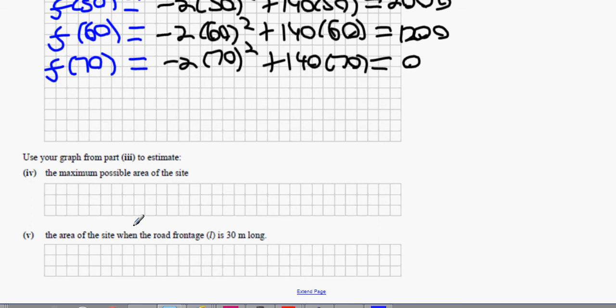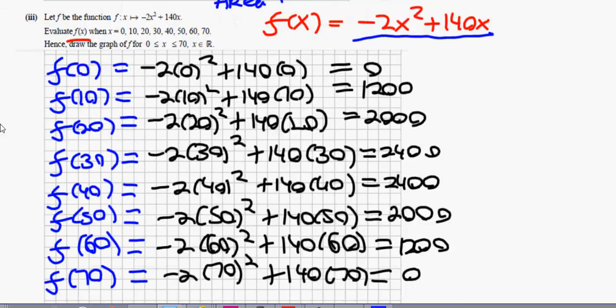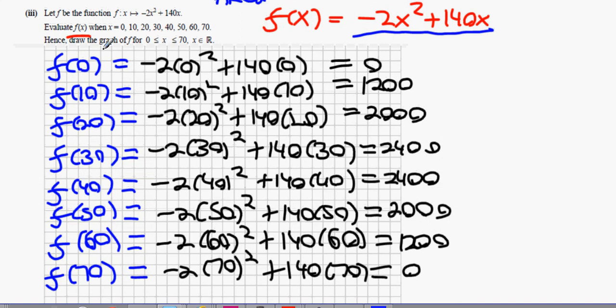Now what we've got to do next is draw the graph. We would have done this part in the rough work, or on another part of the book.